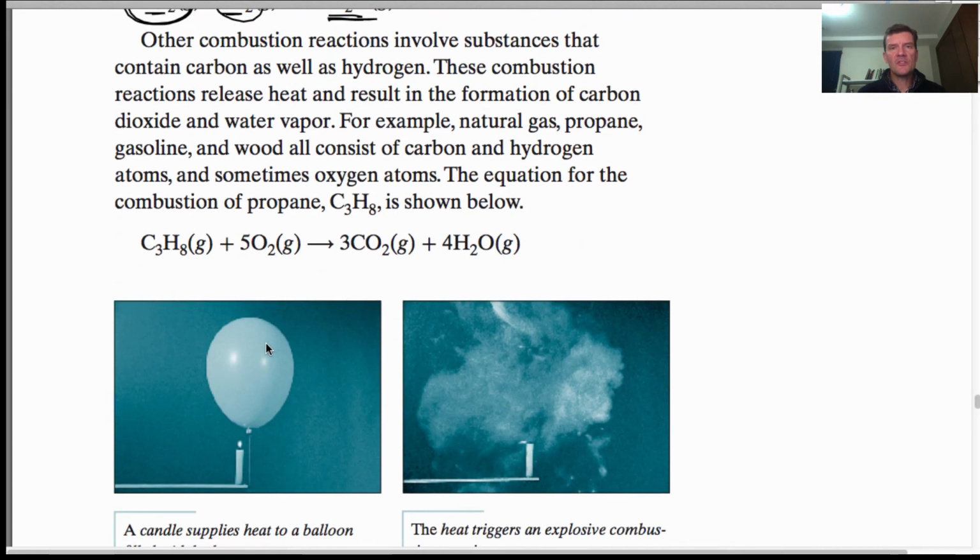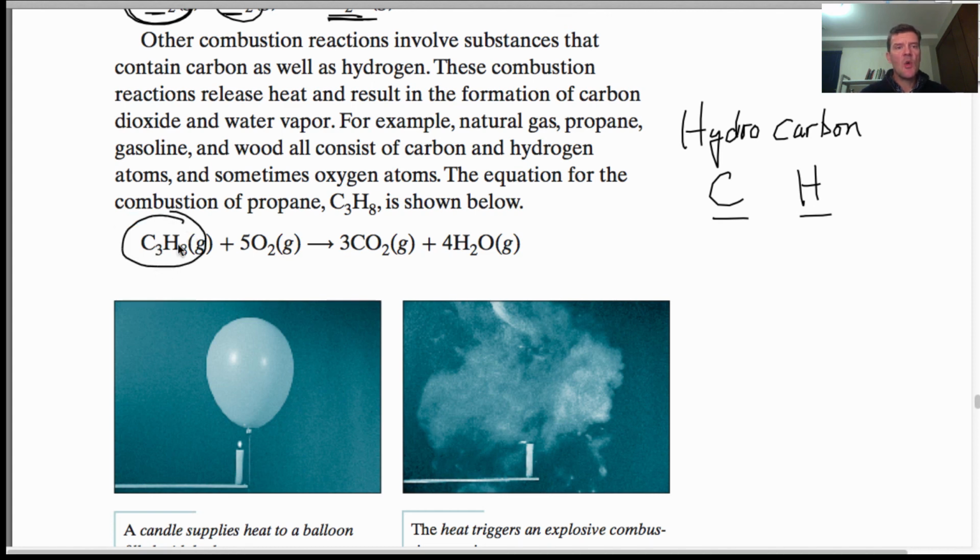Now, one thing I want you to recognize always is this. If you see what is called a hydrocarbon, that is a molecule that has carbon and hydrogen in it. Only carbon and hydrogen. Here is a hydrocarbon. When a hydrocarbon burns in the presence of oxygen, it will always produce carbon dioxide and water.